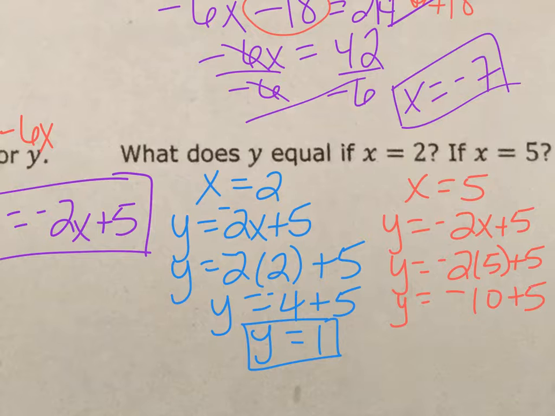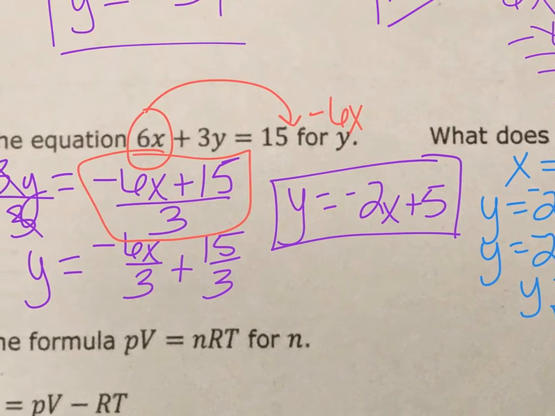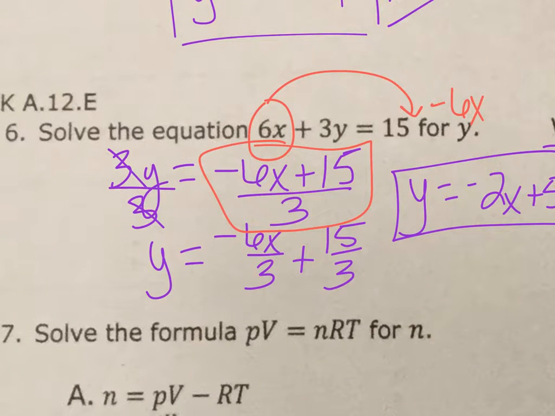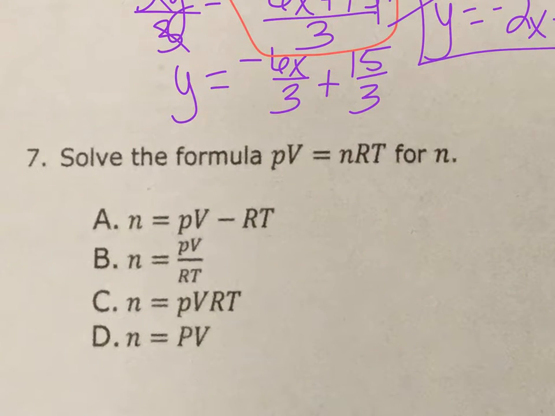Negative 10 plus 5 is negative 5. Okay, so that substituting in the values, I counted 5 points for this part, and then the rest of your points, which should have been 20, but I think I counted 15, for solving for y. Okay, next one.